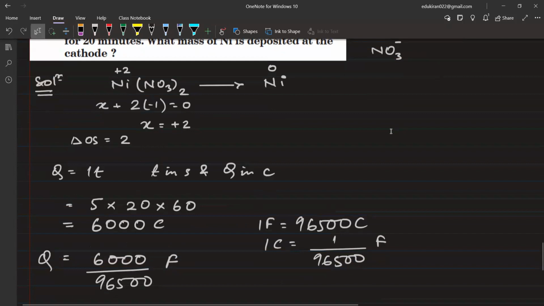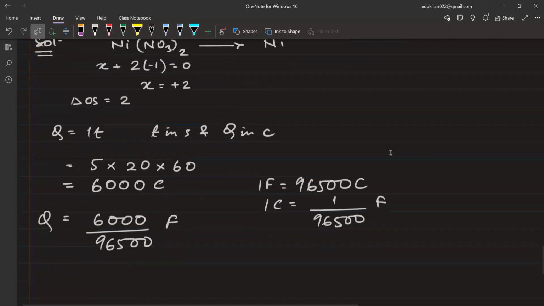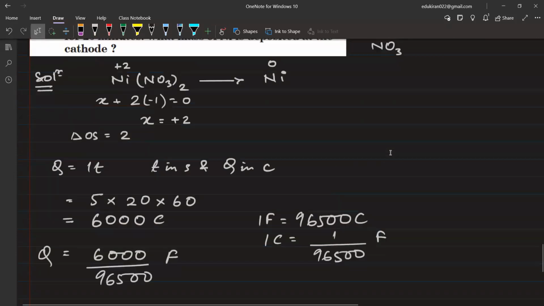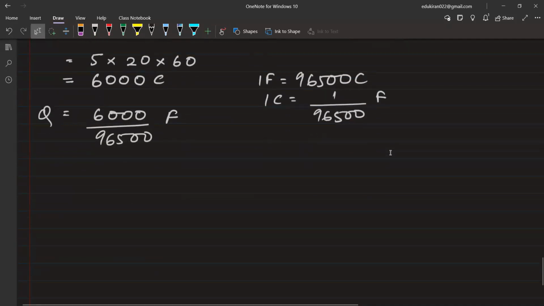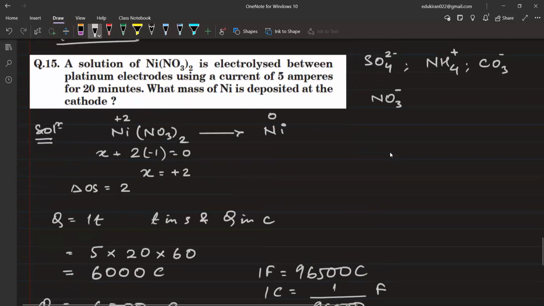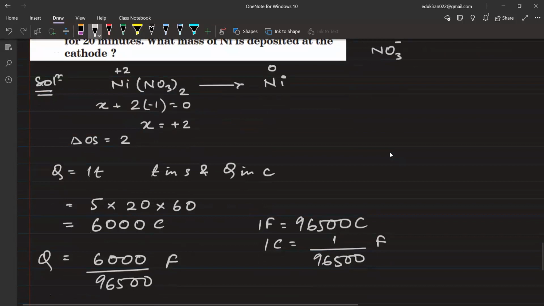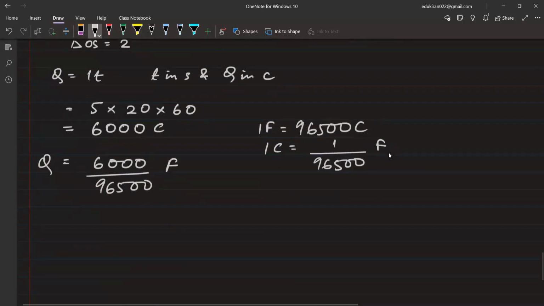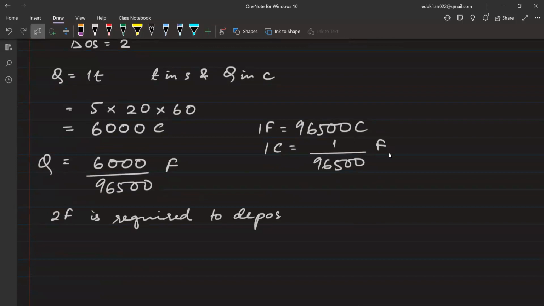Now here we have got the change in oxidation state is equal to 2, so how many moles? We can take it like this: 2 Faraday is required to deposit 1 mole of nickel.